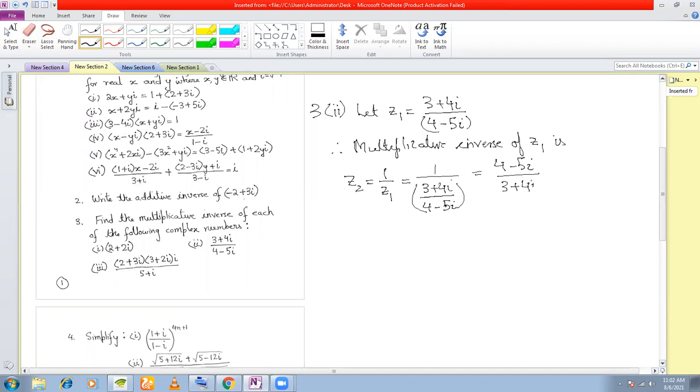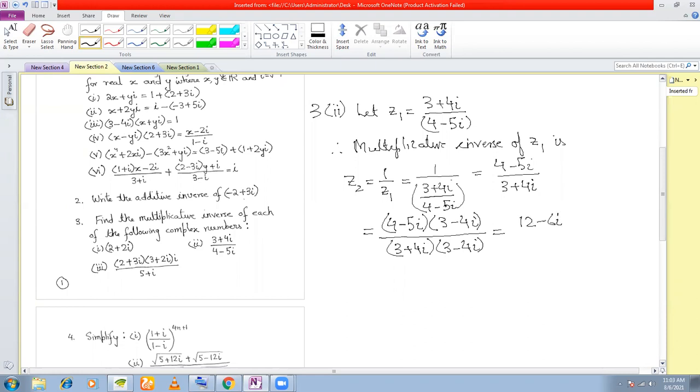Okay, now you need to express this in a plus ib form. So you multiply the numerator and denominator by what? Anyone? So 3 minus 4i. 3 minus 4i. Okay. And you multiply the numerator normally.